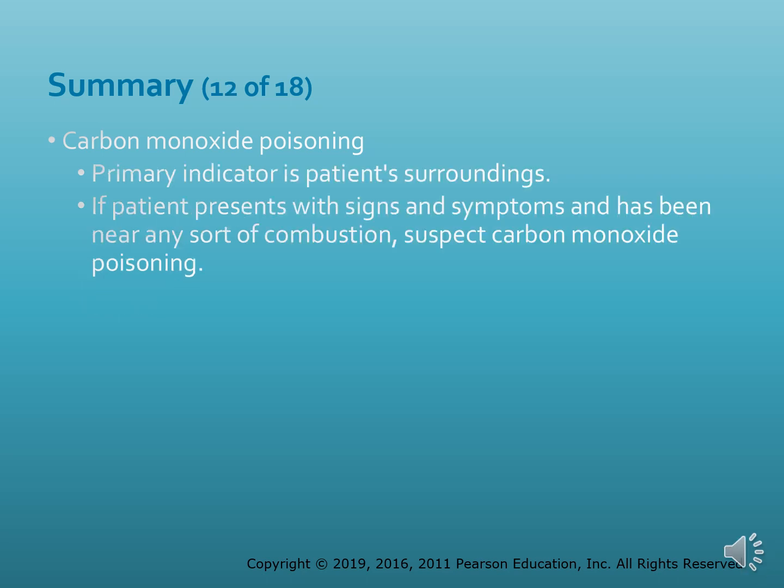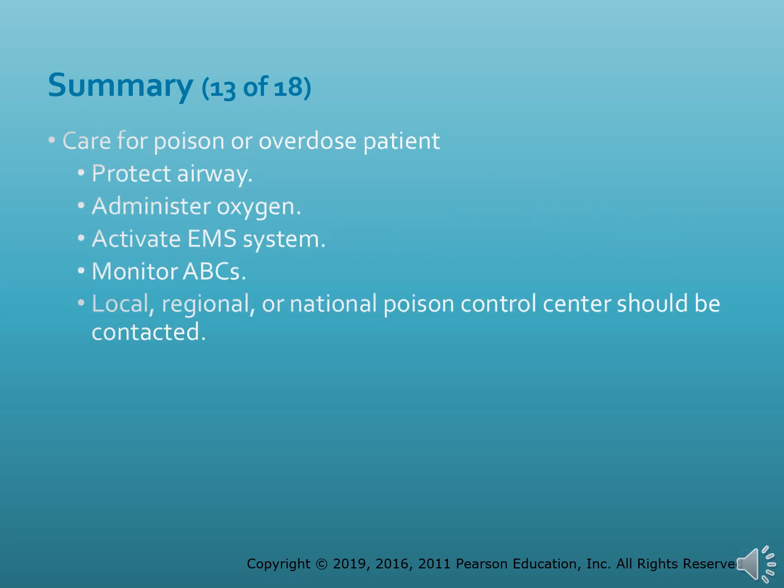The primary indicator is patient surroundings. If the patient presents with signs and symptoms and has been near any sort of combustion, suspect carbon monoxide poisoning. For poison or overdose patients, you need to protect their airway, administer oxygen, activate the EMS system, and monitor their ABCs. Local, regional, or national poison control centers should be contacted immediately.